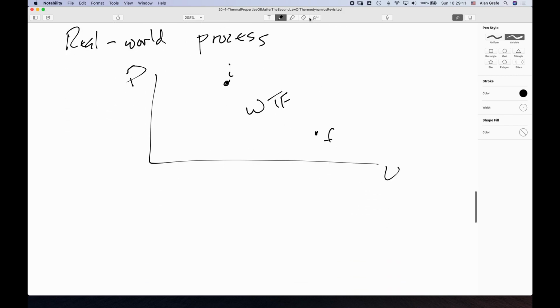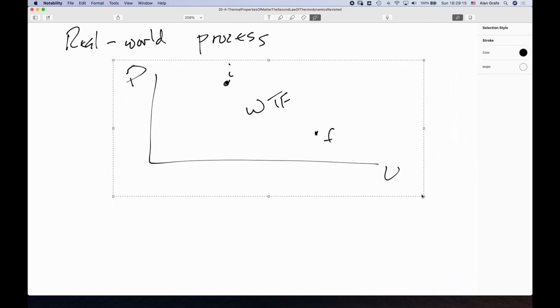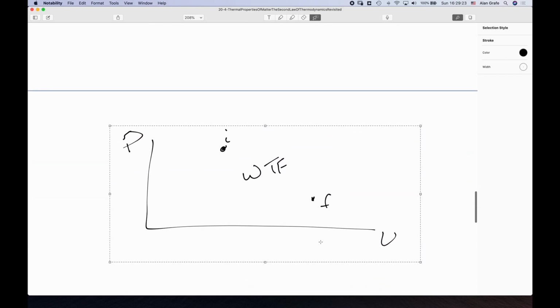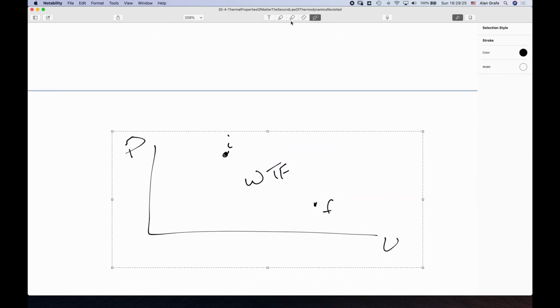But all is not lost. We can still figure out the change in entropy, because since entropy is a state variable, it only depends on the initial and final configurations of the system.